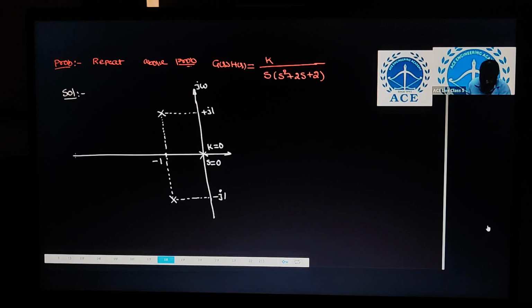Come on, this is the real axis root locus. Find the break point, all of you.